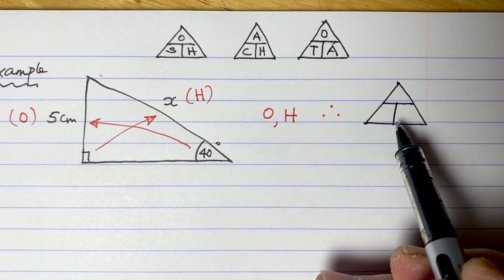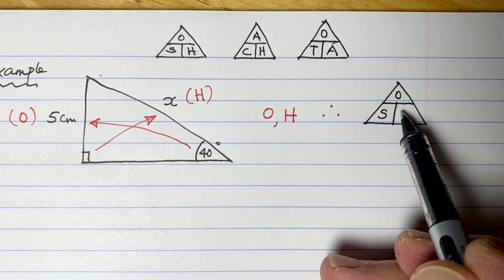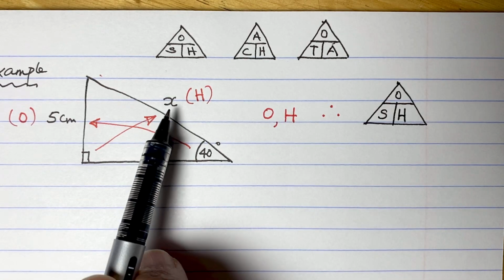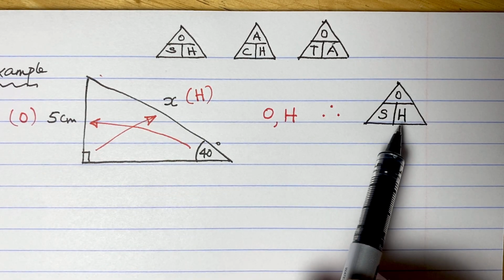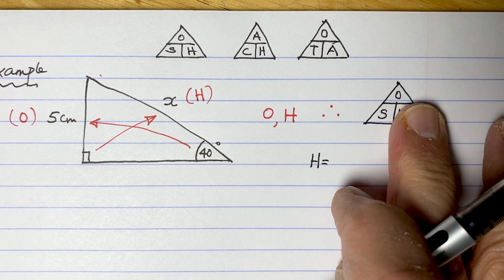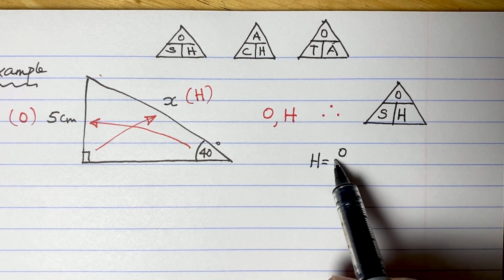Once you identify which triangle you're looking for, the triangle does it for you. I'm looking for H. So from here, H equals, cover H, and it tells you O over S.